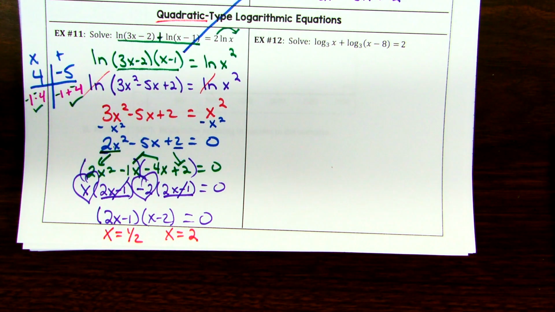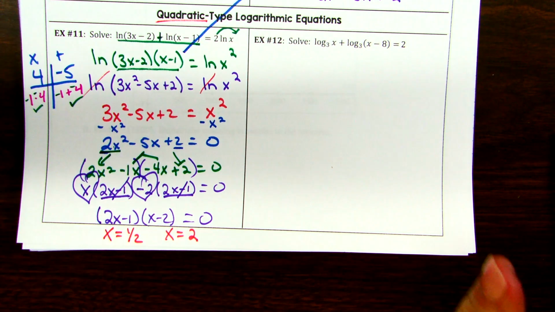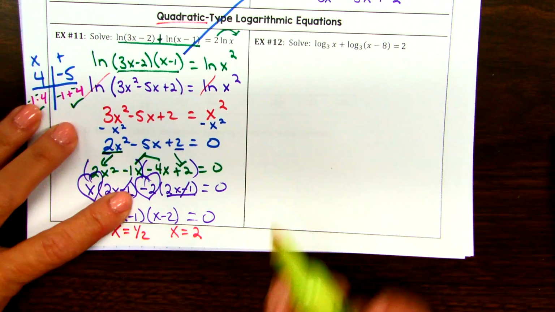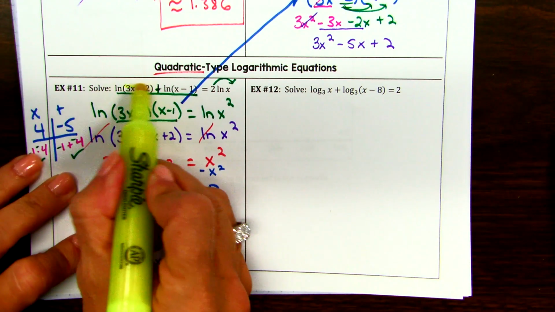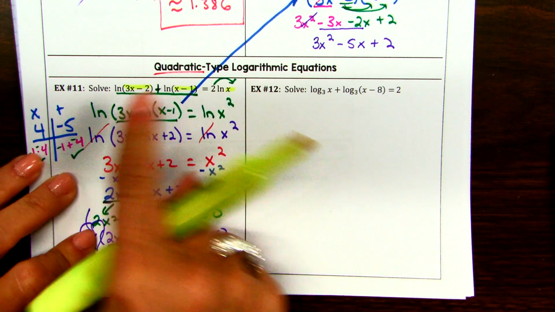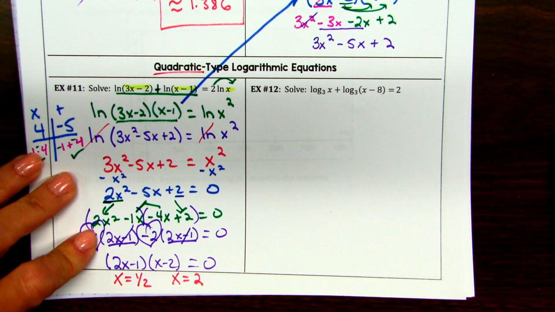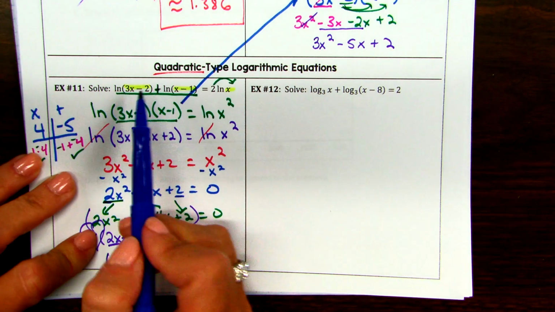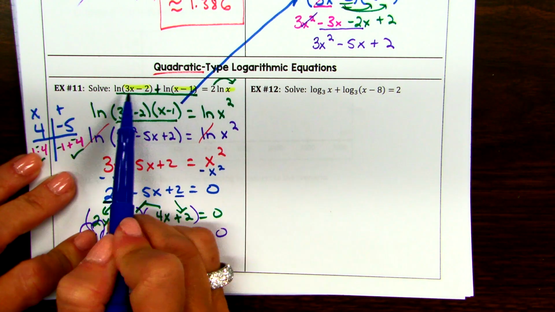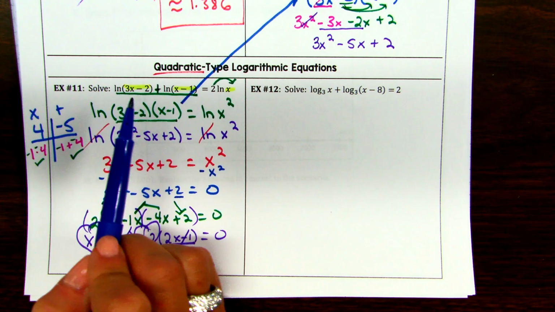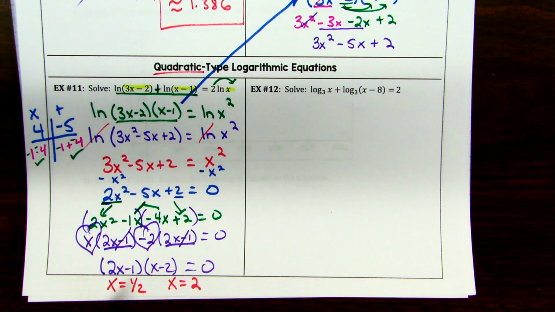Here's why. So let me go over this with you. I really need you guys to understand this. I'm going to show a bunch of work. You don't have to show this work, but I want to make sure you understand it. Anywhere there's an x attached to a log, we have to be aware of the restrictions that poses, okay? There are 1, 2, 3 x's, so there are 3 places we have to make sure our answers work, okay?